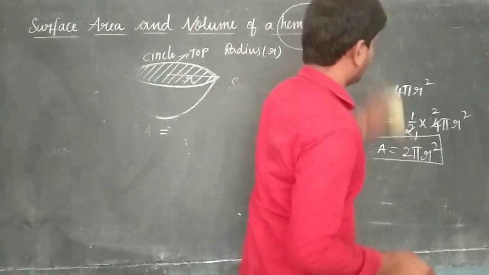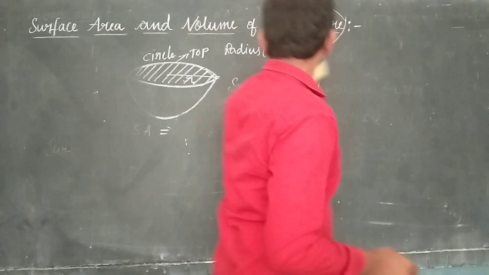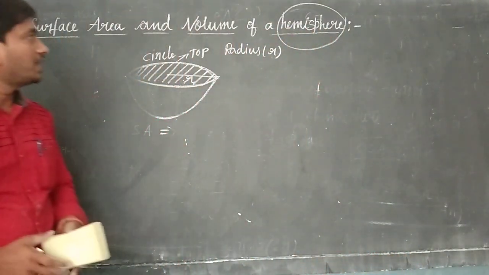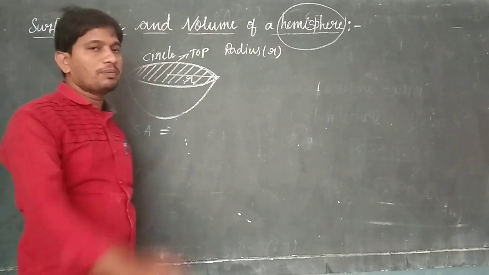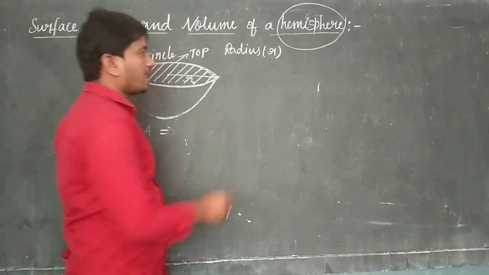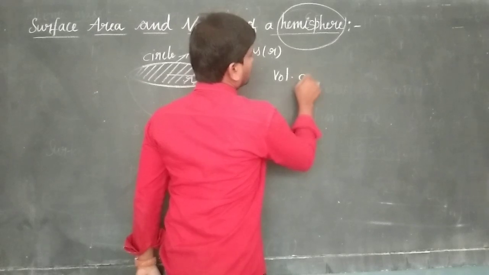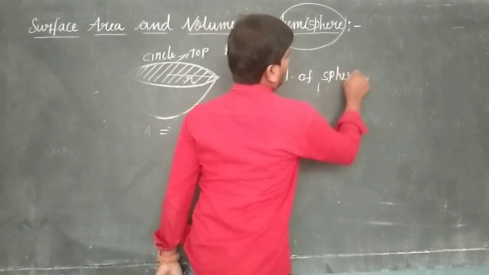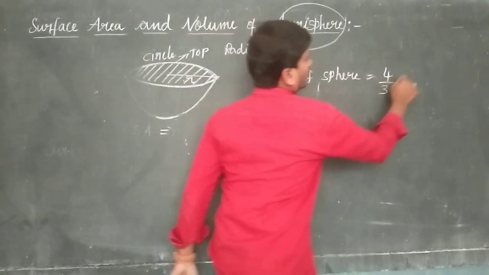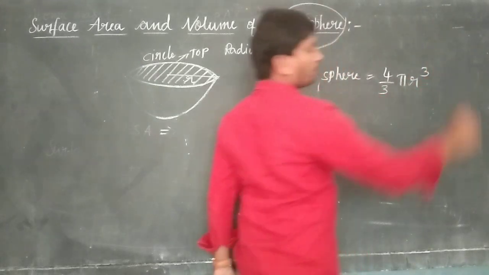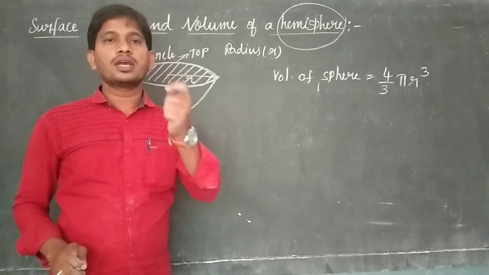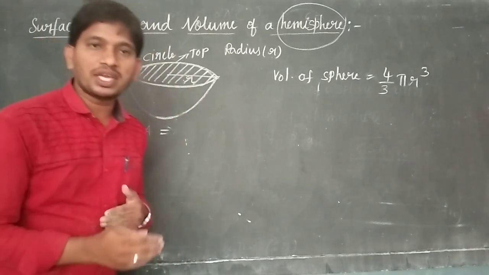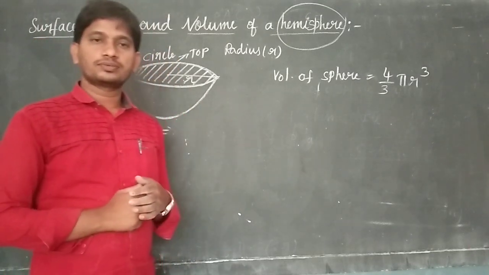Now let us discuss the volume of a hemisphere. As we know, the volume of a sphere is 4 by 3 pi r cube. A hemisphere is half of the sphere.